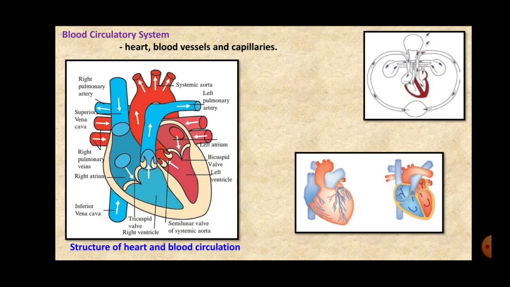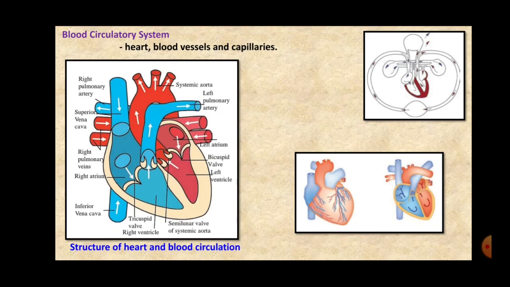The upper chambers are called atria and the lower chambers are called ventricles. As you can see, the left atrium, below that the left ventricle, the right atrium, and below the right atrium, the right ventricle is present. So this is all about the structure of the heart.